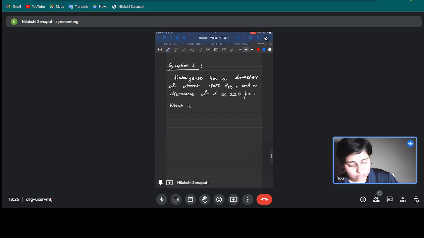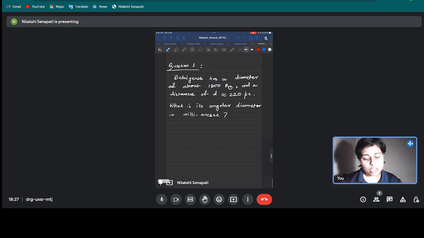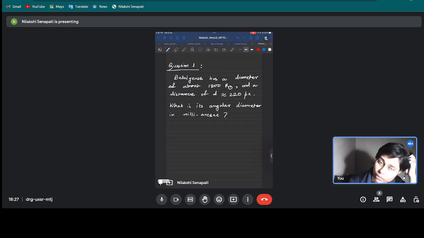What is its angular diameter in milliarcseconds? These are very basic questions that I have put there for today.